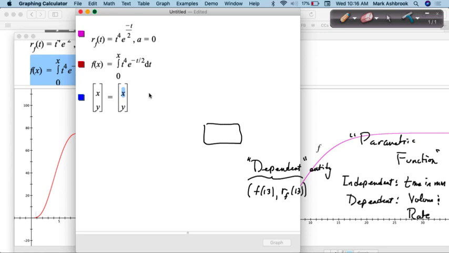And so what do I want all my x values to be? F of t, right? So f of t. And my y values are the rate function of t.